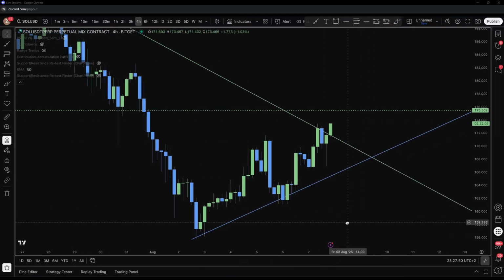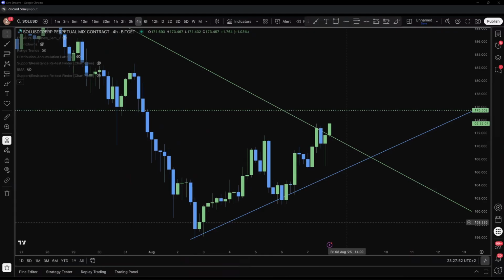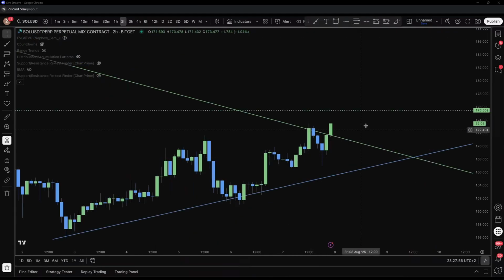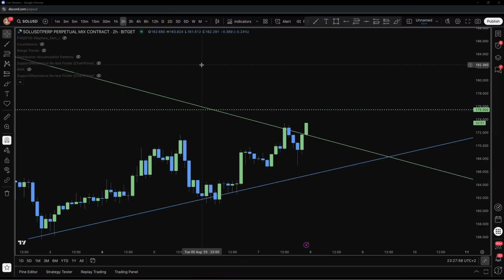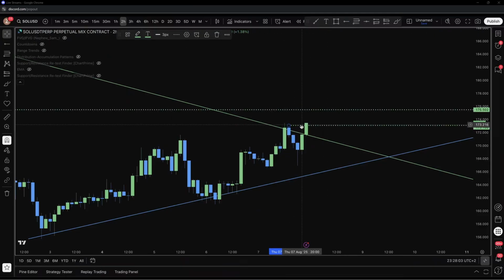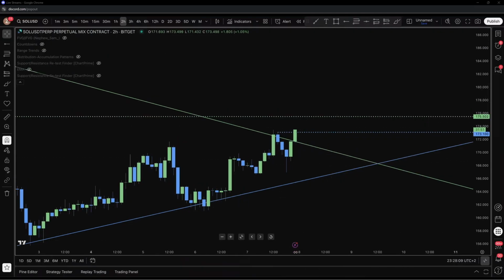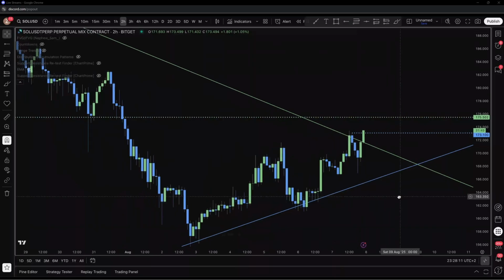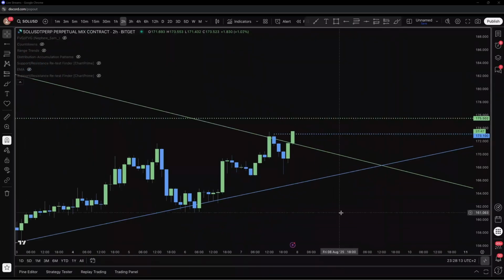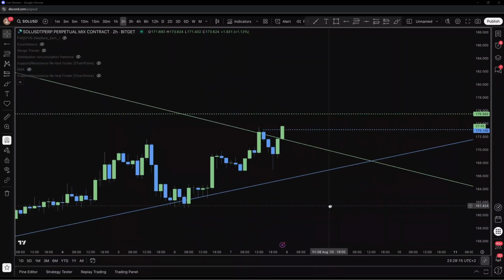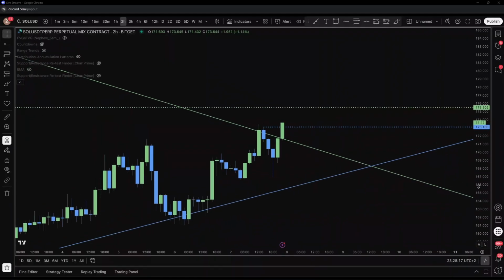If you can identify those, you can generally piece it together and figure out where price has come from and where it's moving to next. Obviously there's a chance that it doesn't do what you think it's going to do, but that gives you a pretty good picture fairly quickly without doing a whole bunch of in-depth analysis. You can get a really good feel for what is happening in that local area.